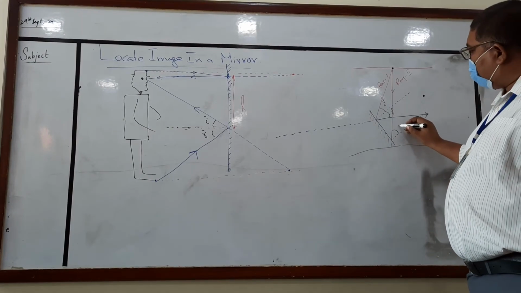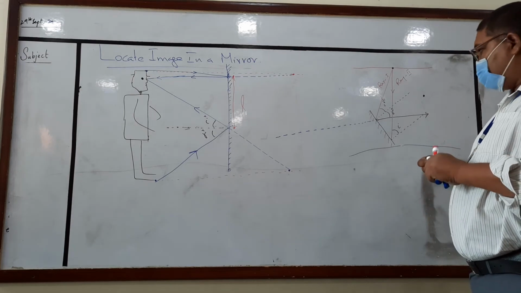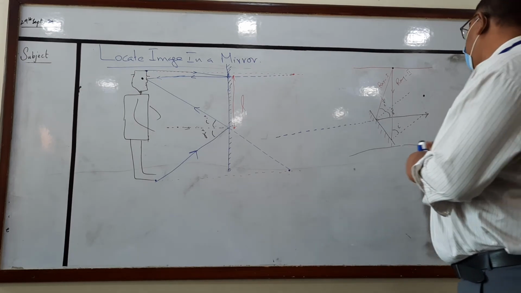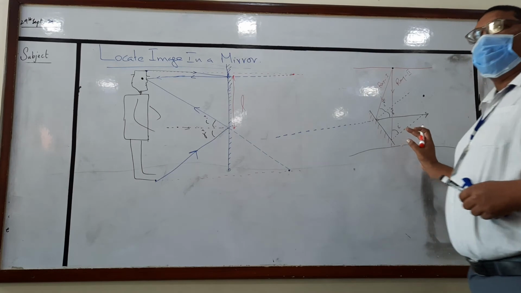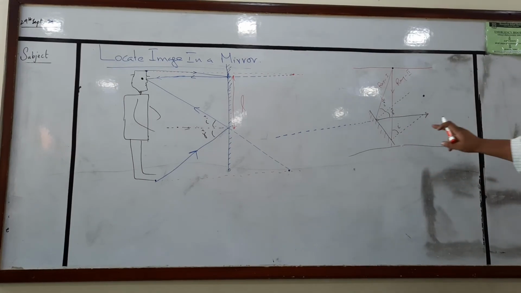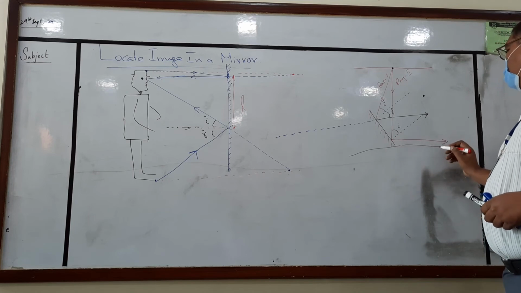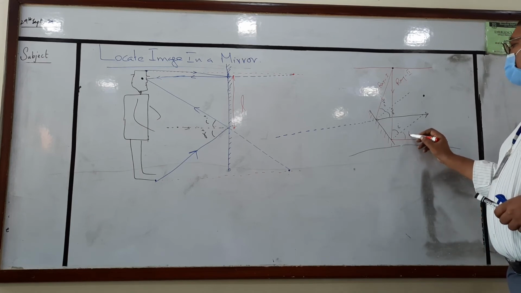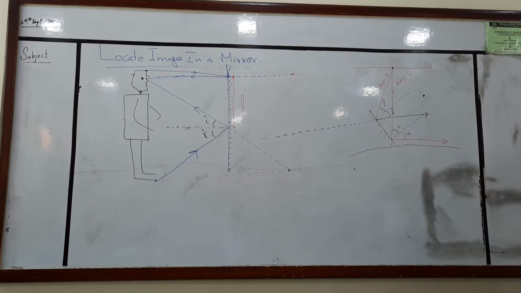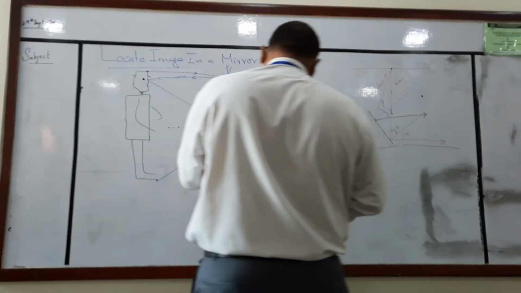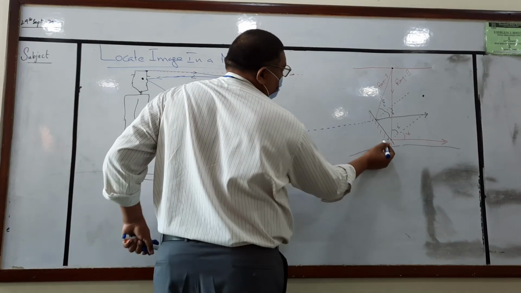Check the angle of incidence. Then, with the help of the protractor, I will mark the angle of reflection, which should be equal to the angle of incidence. Then I will prolong it.